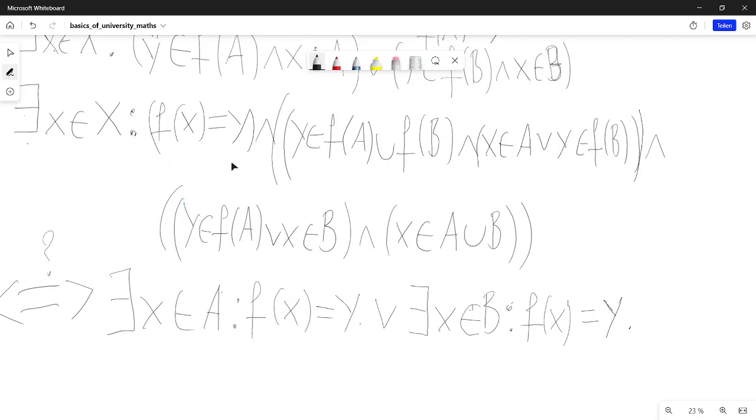And since that is an and, we have that is true. So x element a would be the case, or that would be the case. Okay.